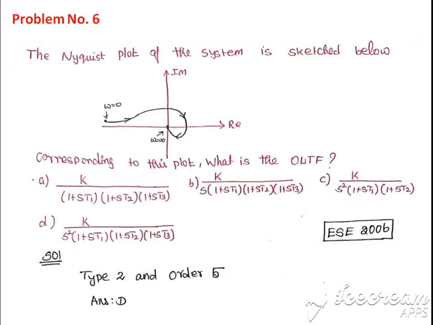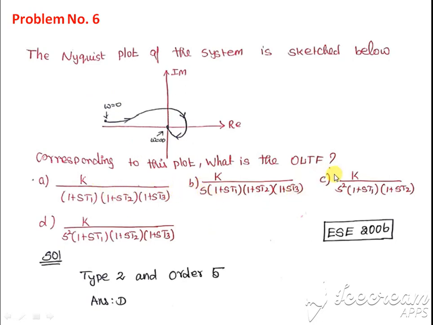The Nyquist plot of the system is sketched below. What is the open loop transfer function corresponding to this plot? From the plot itself, we see 0, minus 90 and minus 180, so we identify a type 2 system. Type 2 means s squared is there, so option A and B are not the answer.